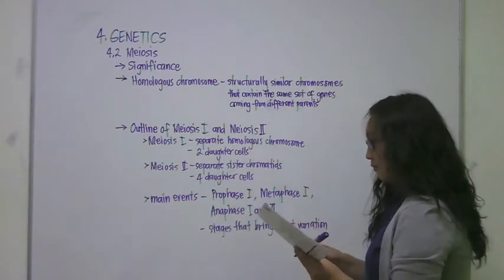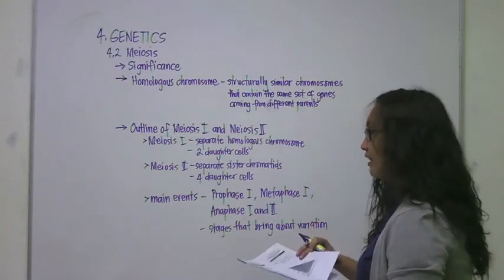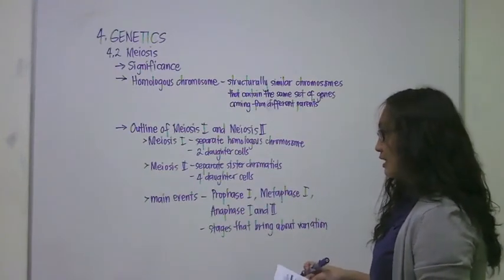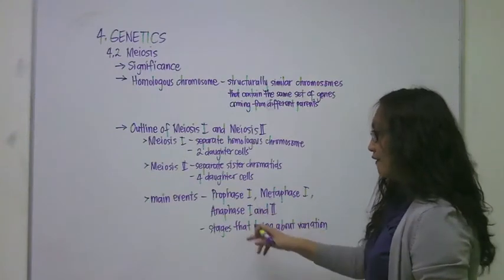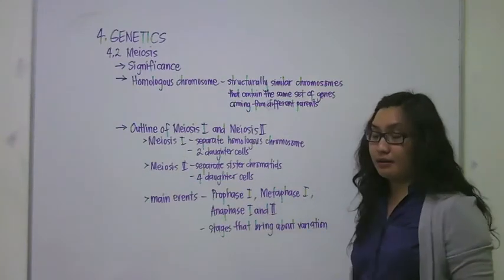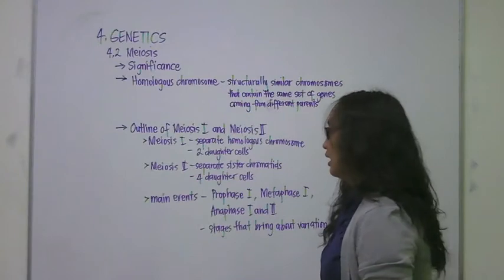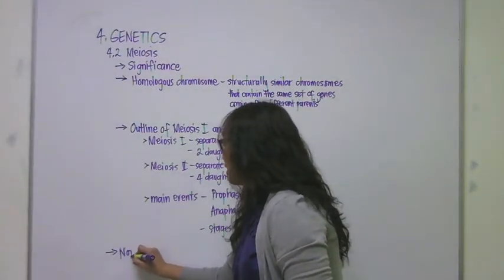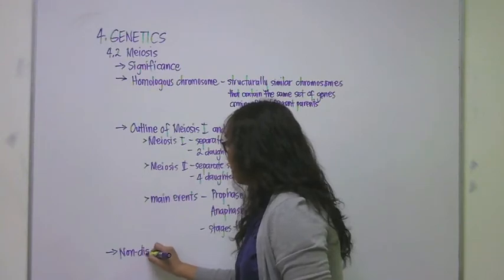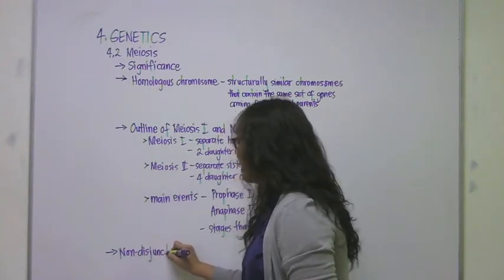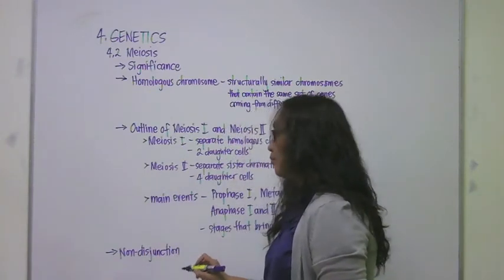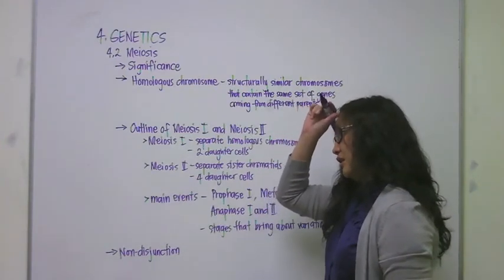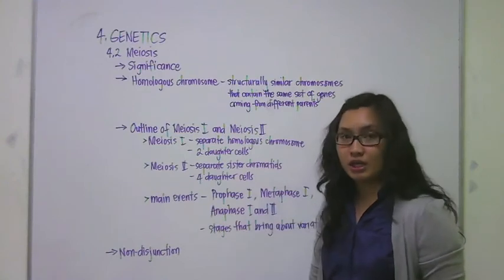Okay, so right after explaining the main events, we can now explain that certain events in the anaphase also bring about mutation. Because of non-disjunction, which is the failure of chromosomes to separate equally, this results in mutation.